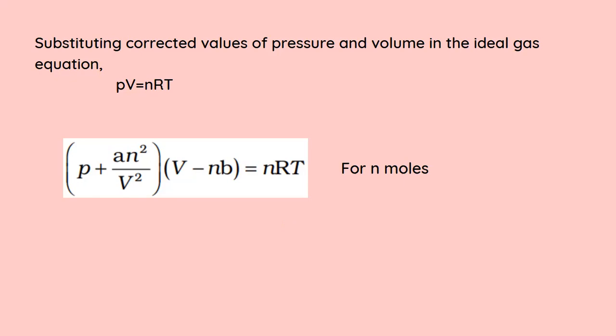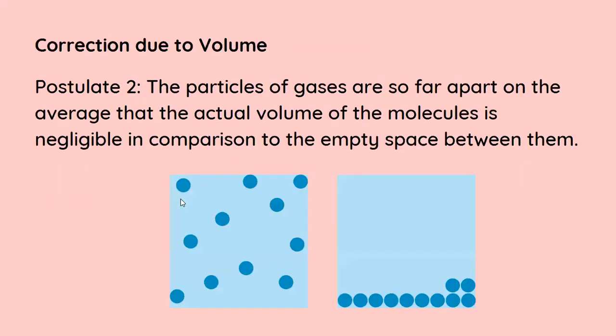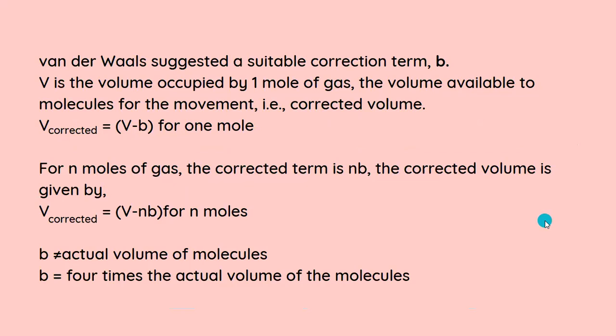And this equation is called the van der Waals equation of state. So just to recap, there are two things. First of all, we assumed that the volume of the gas itself was negligible in comparison to the volume of the free space between these gas molecules. On the other hand, that was not the case.